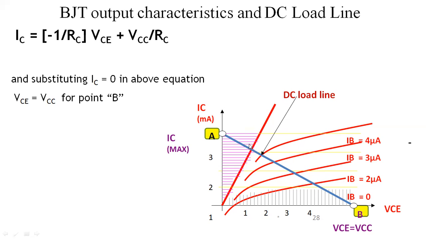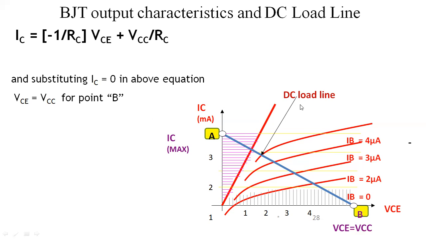If we have to use this transistor in amplifier mode, we have to maintain the voltage across the transistor and the current within the transistor equal to the values of the set of points on this blue line. We call this line the DC load line.